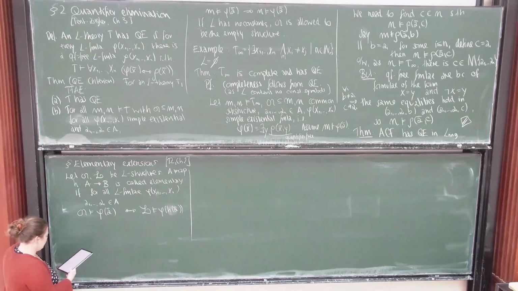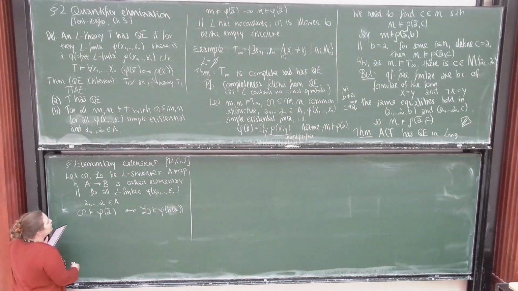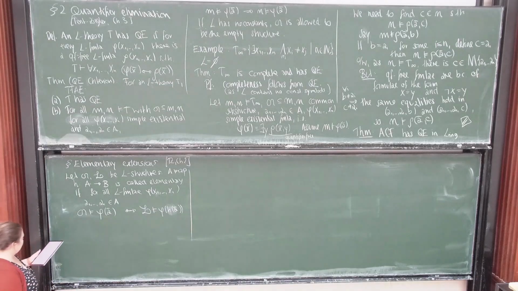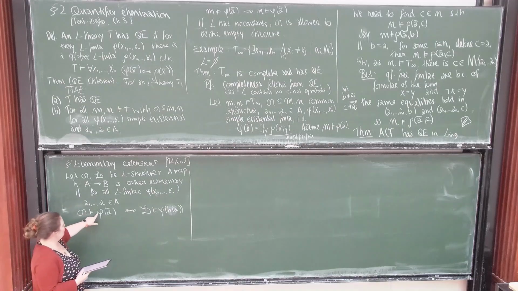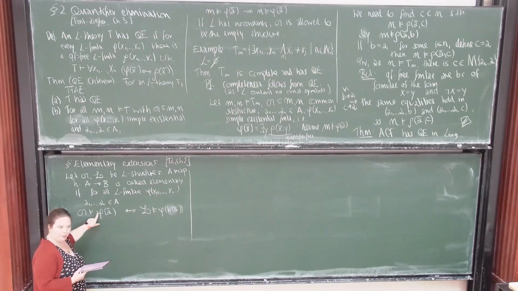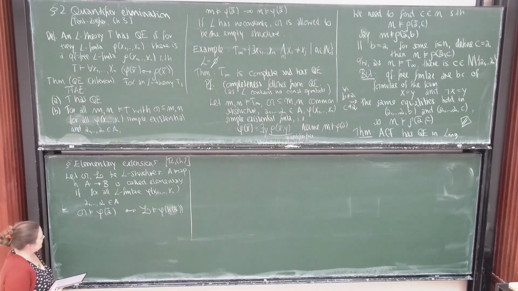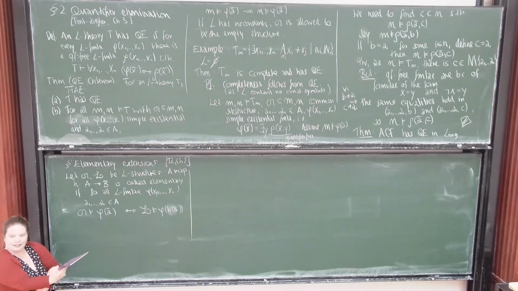As elementary maps, in particular, preserve the truth of quantifier-free formulae, they have to preserve the truth of all formulae, in particular quantifier-free formulae. They are necessarily embeddings in the sense that I've defined before.